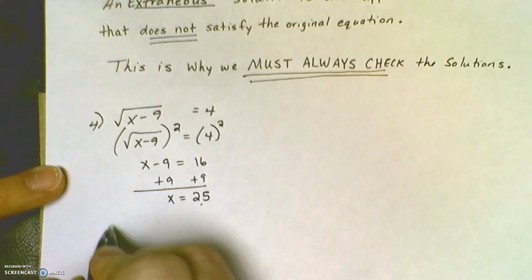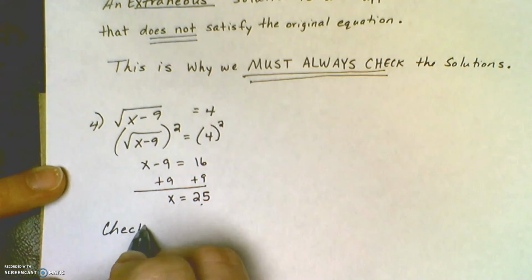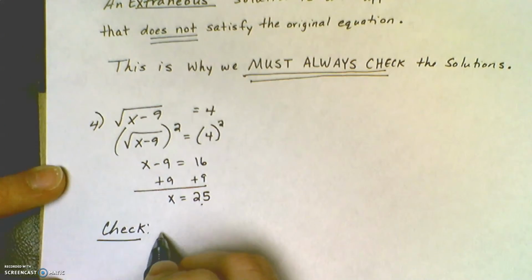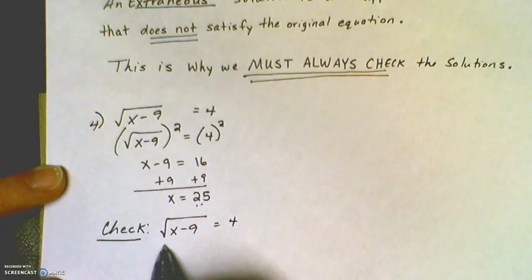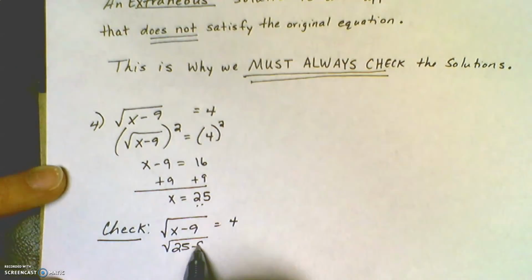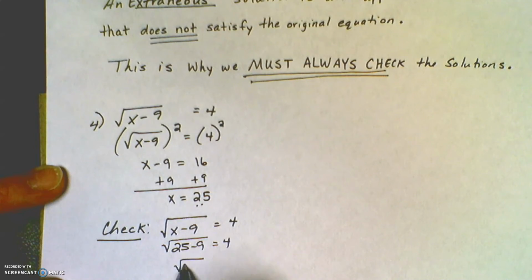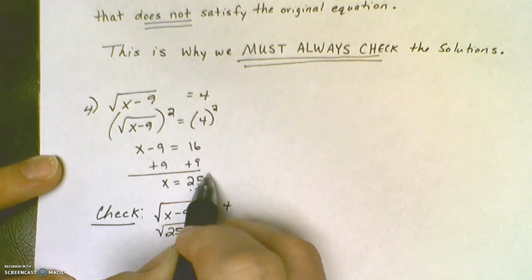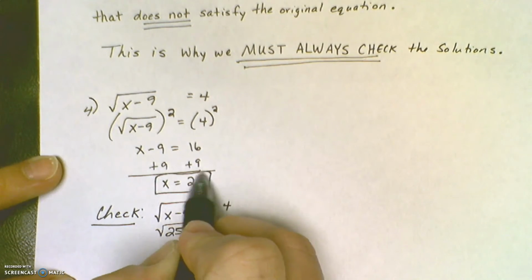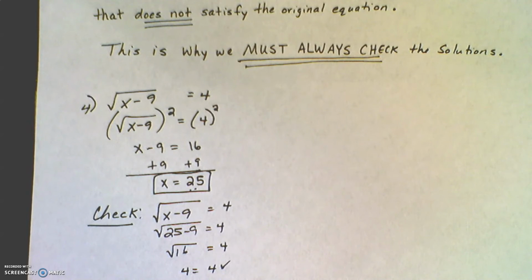To make sure this is a solution and not an extraneous solution, we do the check. Plug 25 in for x. 25 minus 9 is 16. Square root of 16 is 4. 4 does equal 4. So we have a solution, x equals 25.